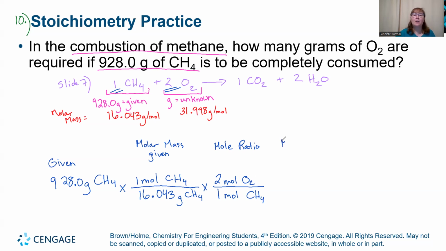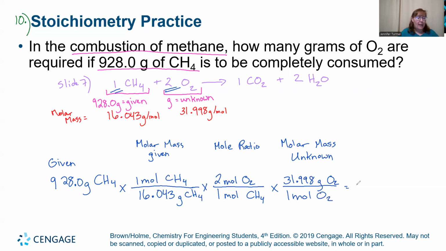And the last piece that we have is the molar mass of our unknown. And that one is oxygen. So that one, not a 2, a 3, 31.998 grams of O2 per mole O2.